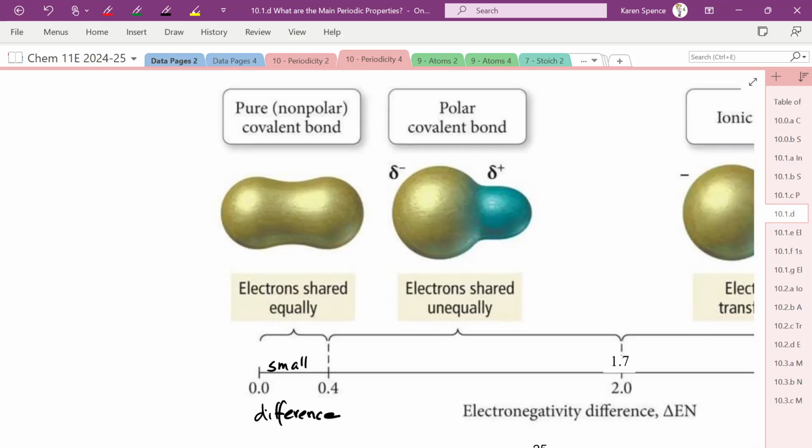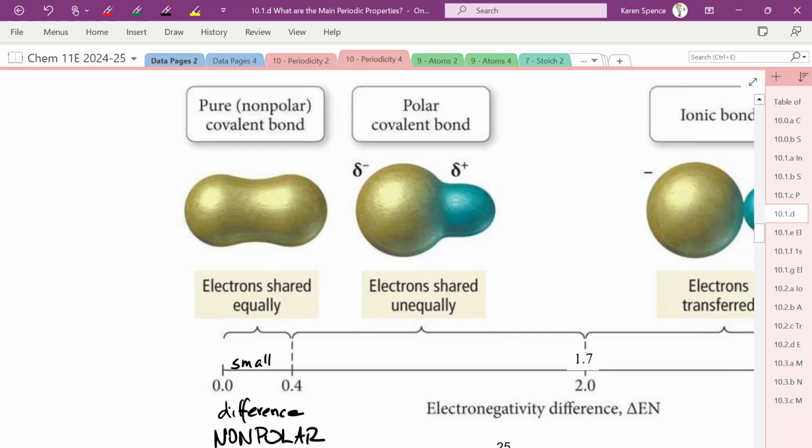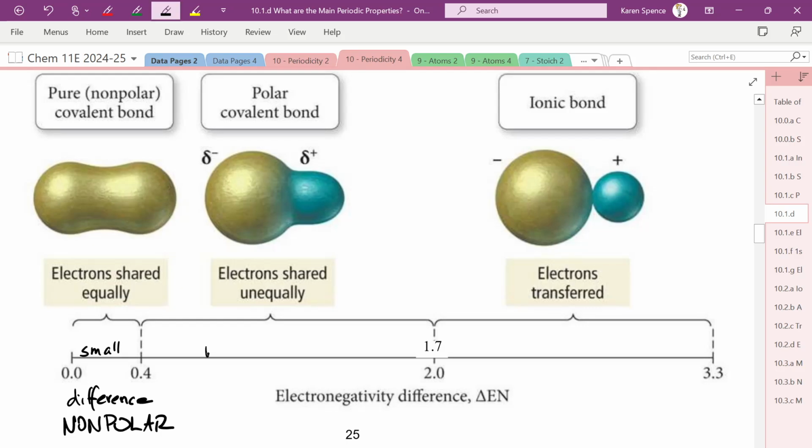Small difference, you end up with a nonpolar bond. Medium difference, we end up with a polar covalent bond.